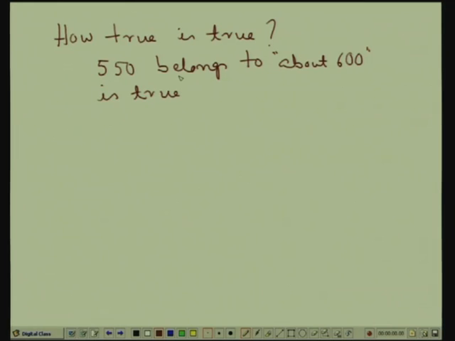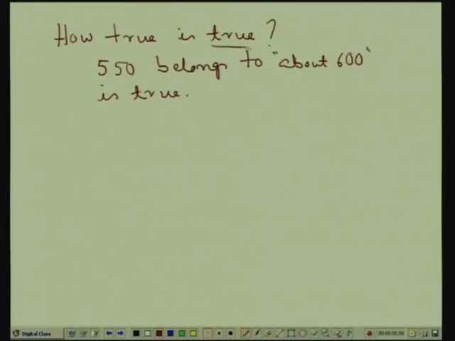Now, you see, in predicate logic we were saying that a predicate evaluates to true or false. There our concept of true was 1 and the concept of false was 0. Now, how true is true? 550 belongs to about 600 is true. I make this statement. Now, I say about this truth, should I give 1 or what?